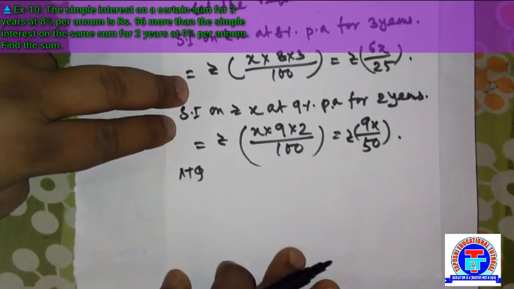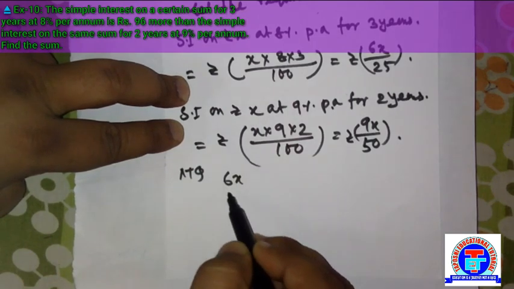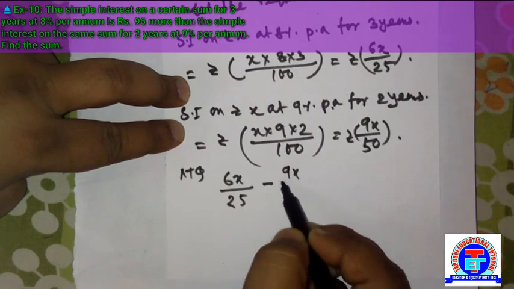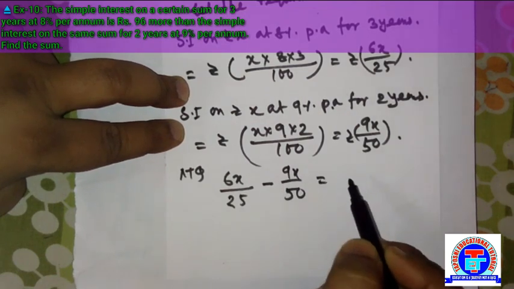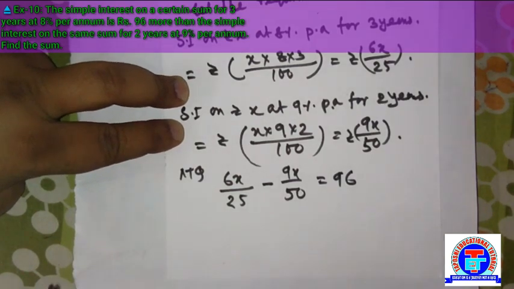So according to the question we can write now 6x by 25 minus 9x by 50 is equal to 96. Correct.